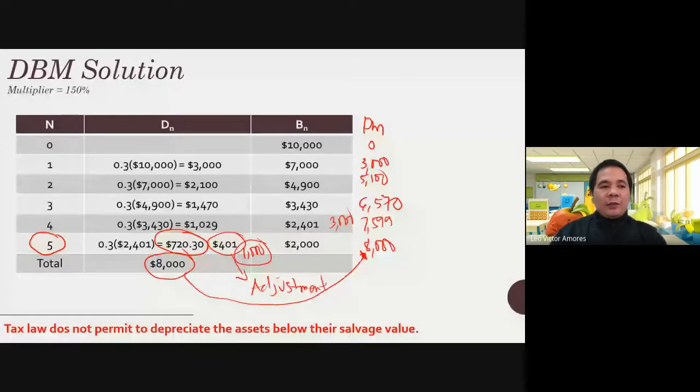Okay? When it comes to providing a multiplier, especially when your multiplier goes down less than 150%, a bulk of your depreciation would happen on the last year. It's big, so it requires an adjustment on the fourth and fifth year, but that will be provided.